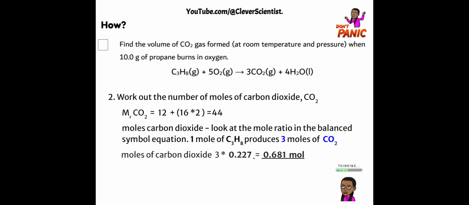Because we don't have a mass of carbon dioxide, we can use that mole ratio to give us the number of moles of carbon dioxide. So all we do is multiply 0.227 by 3, and that gives us the moles of carbon dioxide, which is 0.681 moles.